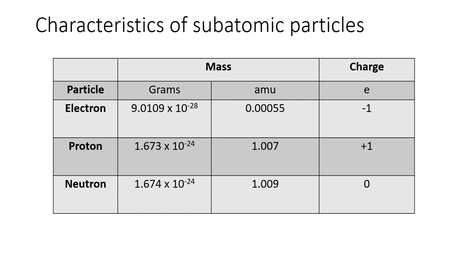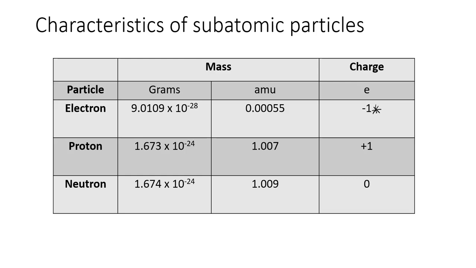So an electron has a charge of -1, shown here, and has a mass in grams of 9.01 times 10 to the power 28.